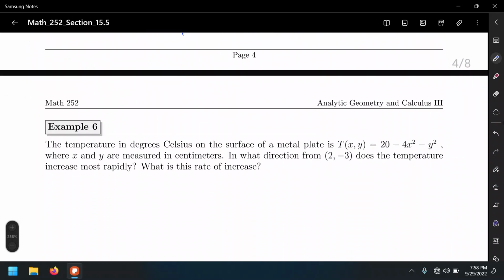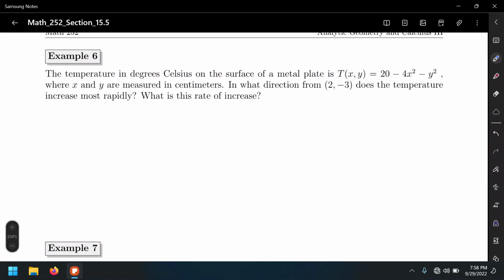However, in this case, we can use this tool to find the direction for, for example, a hot plate. We want to know in which direction it is hottest. When you warm a metal plate, it's not going to be evenly hot at all points.